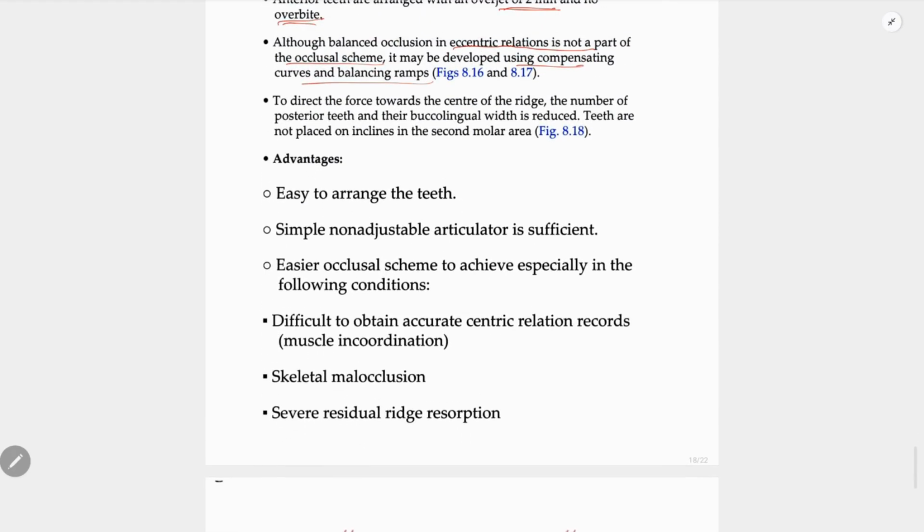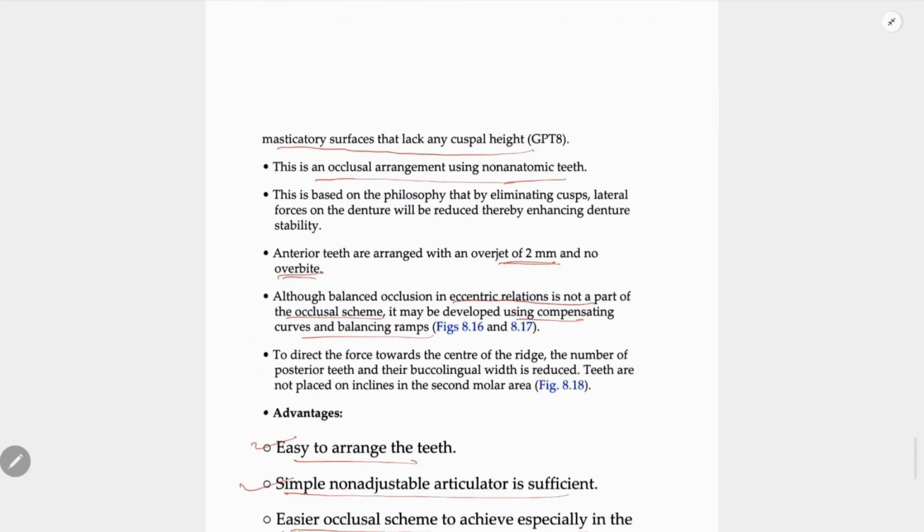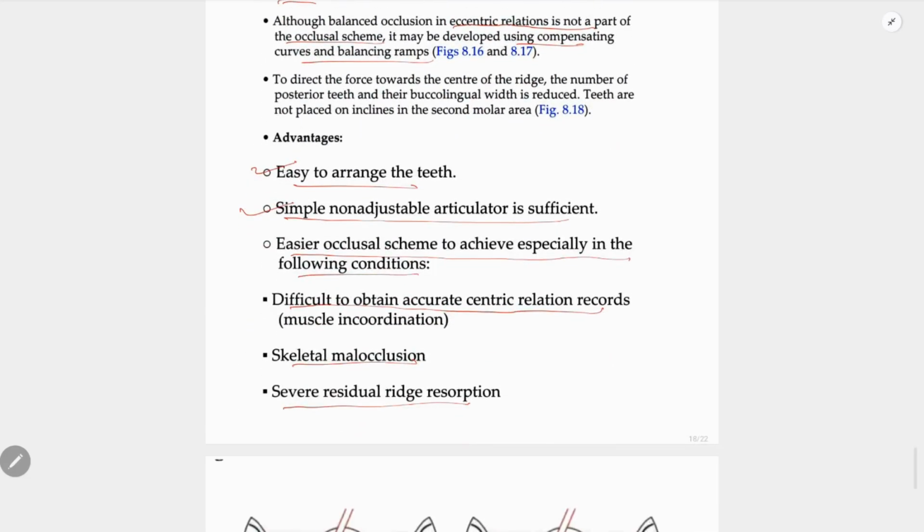What are the advantages? Easy to arrange teeth. A simple non-adjustable articulator is sufficient. It is an easier occlusal scheme to achieve, especially in the following conditions: skeletal malocclusion, severe residual ridge resorption, and difficulty in obtaining accurate centric relation records. So in monoplane, first the definition used for non-anatomic teeth, anterior teeth with an overjet of 2 mm and no overbite.